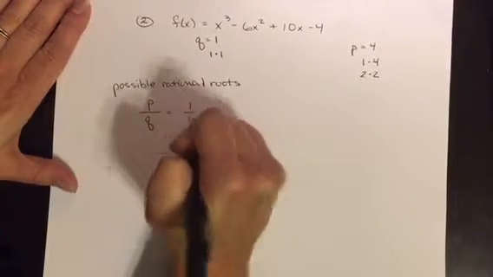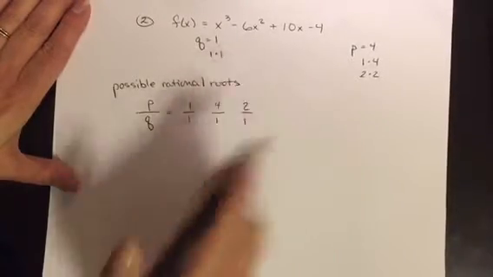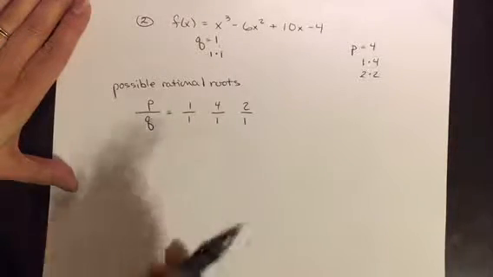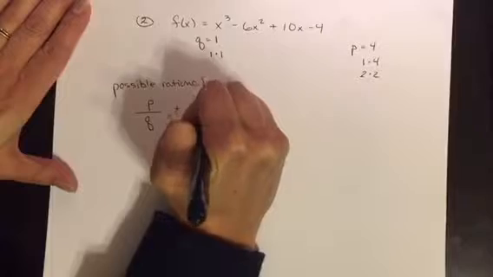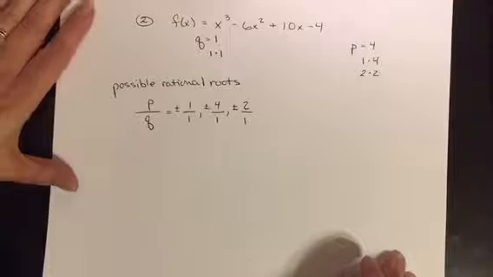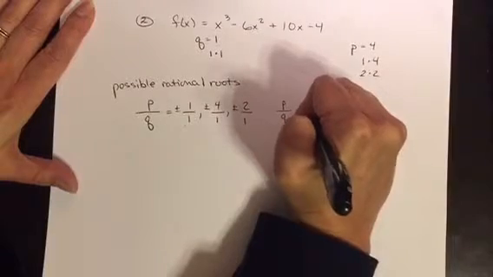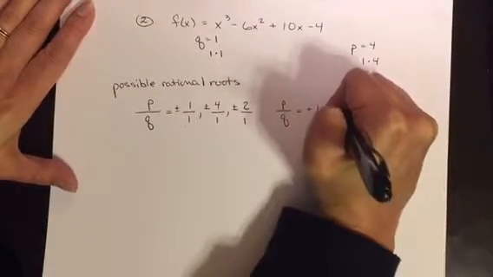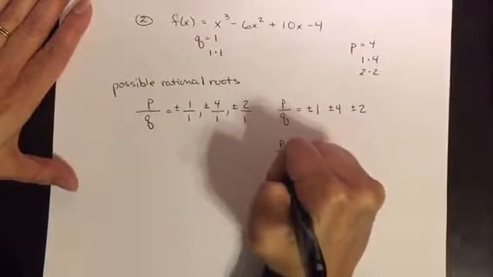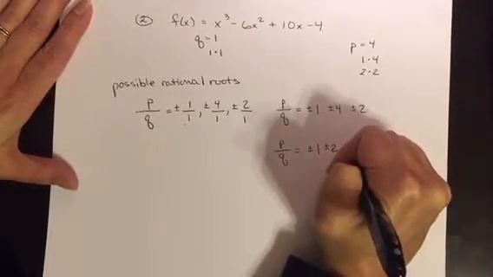So I've got 1 over 1, 4 over 1, and 2 over 1. So I plugged in each of my P values and each of my Q values. Each of these is then plus or minus. And so I'm going to simplify, and all my possible rational roots when simplified are going to be plus or minus 1, plus or minus 4, plus or minus 2. And I'll often go ahead and rewrite them in increasing order. So plus or minus 1, plus or minus 2, plus or minus 4.